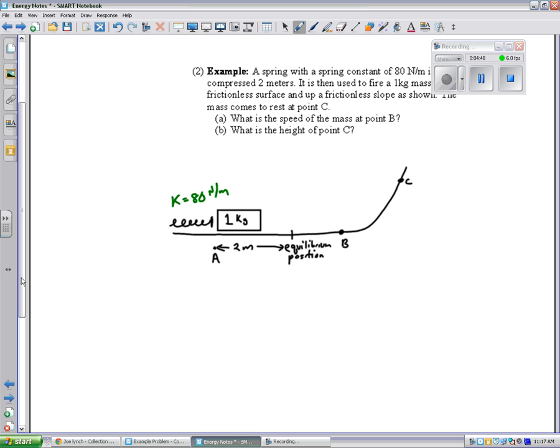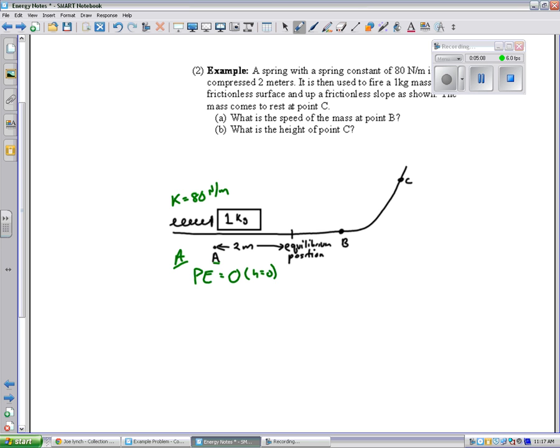So again, we have to identify our points. We have B and C. But I put back here point A where the spring is compressed because we actually know the most information about that. So at point A, the gravitational potential energy is going to be 0 because the height is 0. The kinetic energy is going to be 0 because that's where it's being released from. It's not moving at that moment. But now we have this spring energy we have to add in.